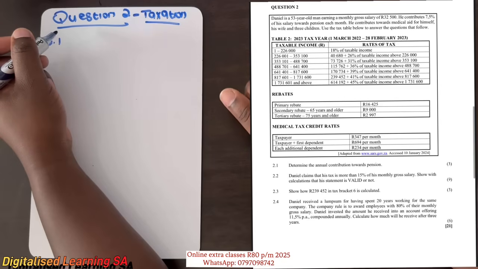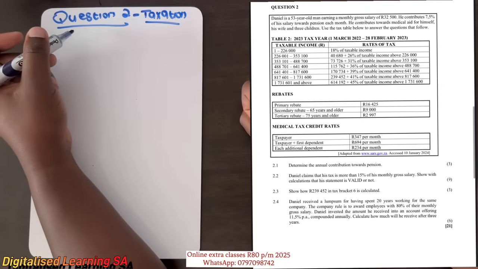We are told that Daniel is a 53-year-old man earning a monthly gross salary of 32,500. He contributes 7.5% of his salary towards pension each month. He contributes towards medical aid for himself, his wife, and 3 children. Use the text table below to answer the questions that follow.